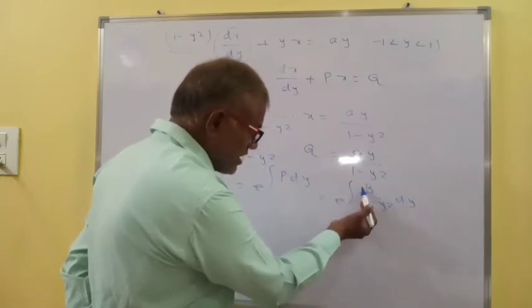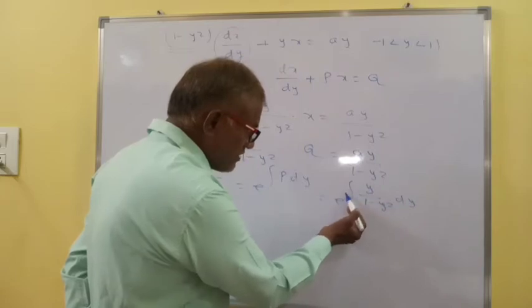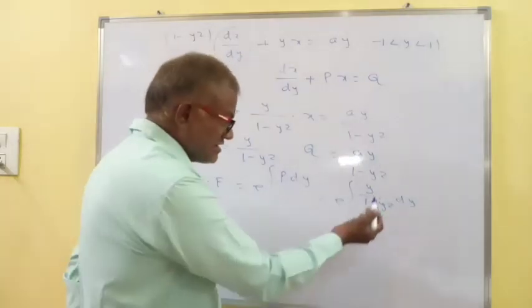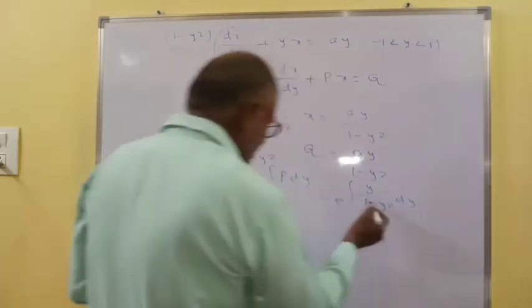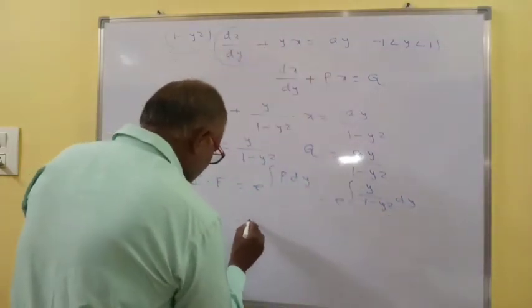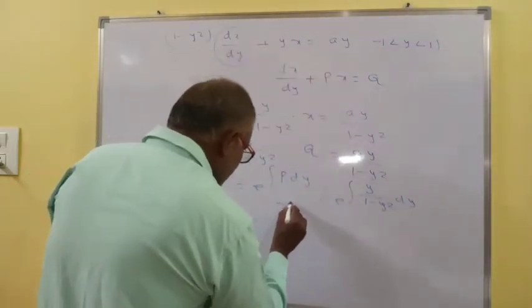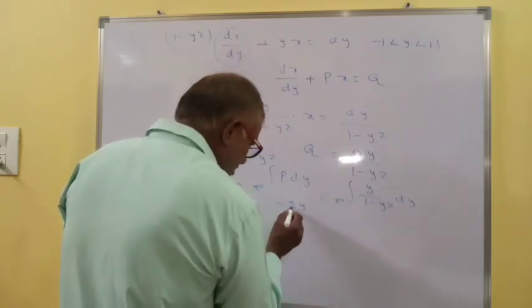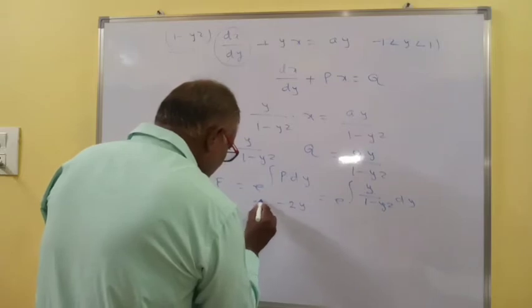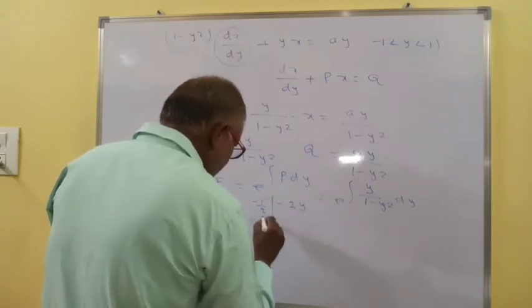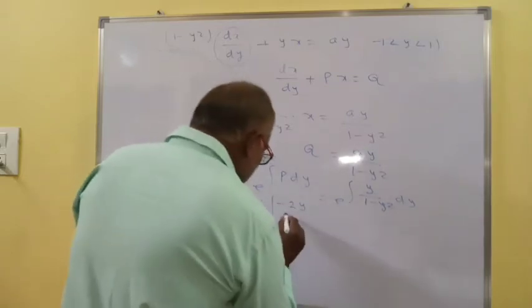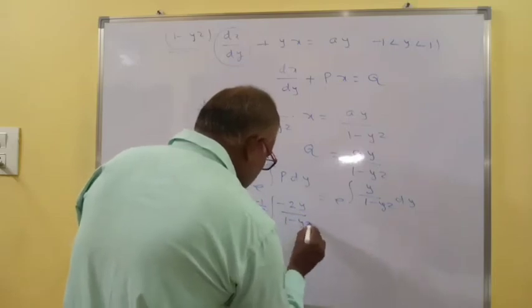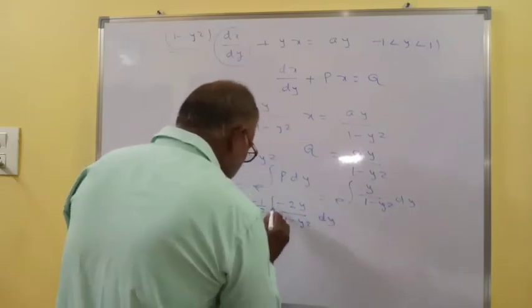That's why I have to multiply by minus 2, and again divide by minus 2. The derivative of the denominator is minus 2y. No change in the rest, 1 minus y squared dy. That's all.